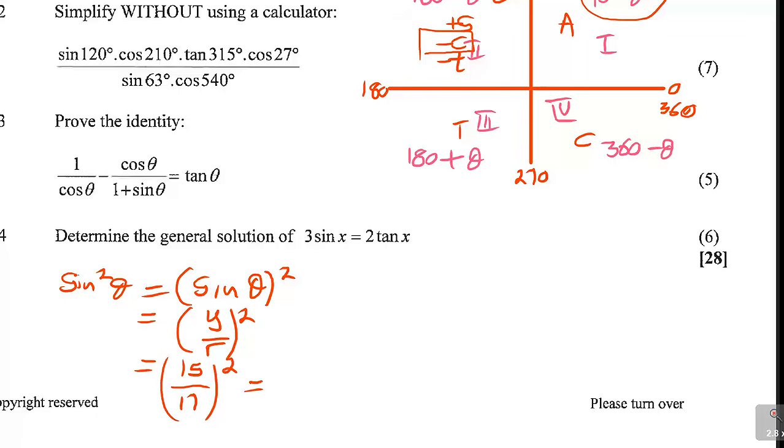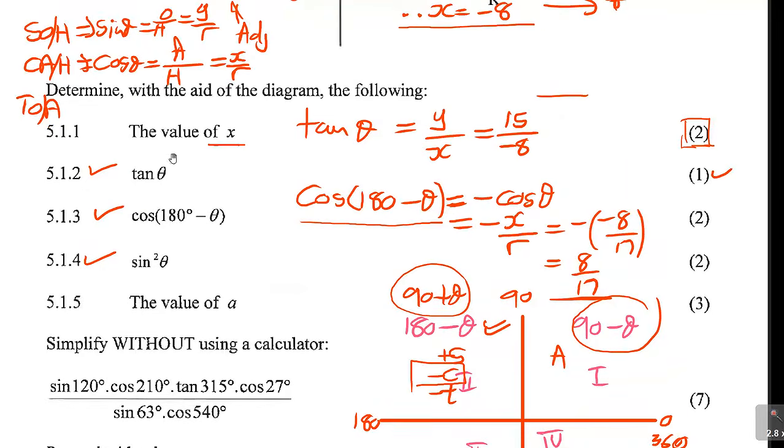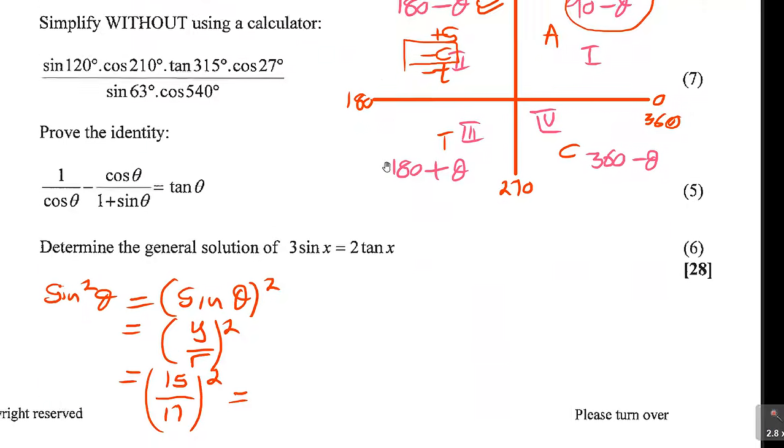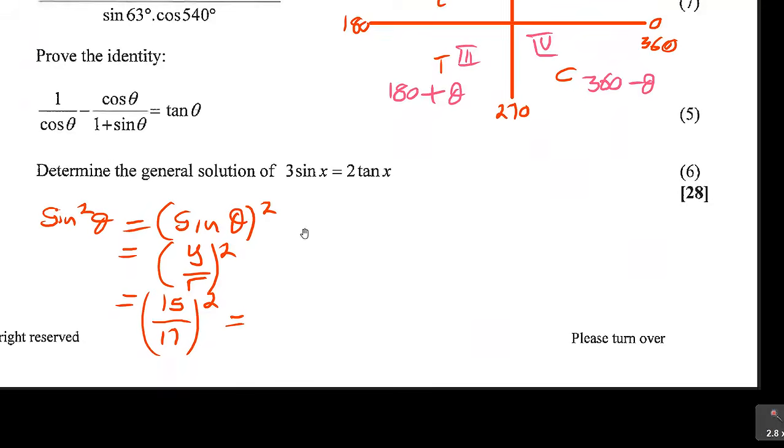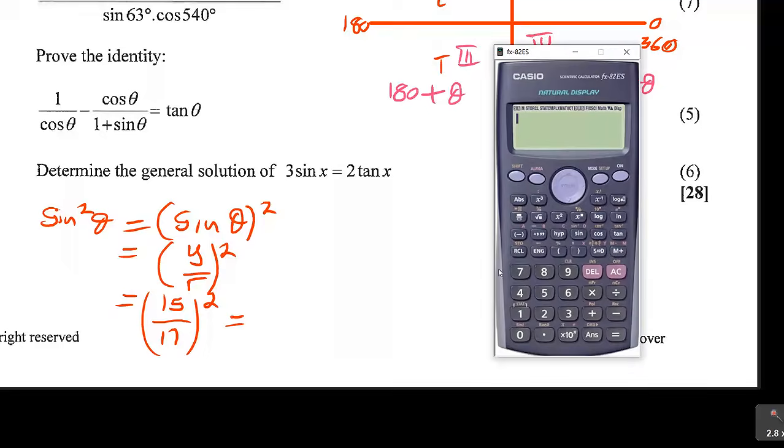Now the question was with the aid of a diagram, so they didn't stop you from using a calculator. So you can use a calculator now to say what is 15 over 17 squared, and then it will give you 225 over 289.